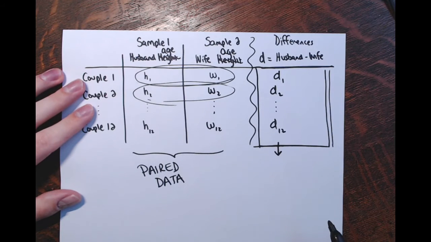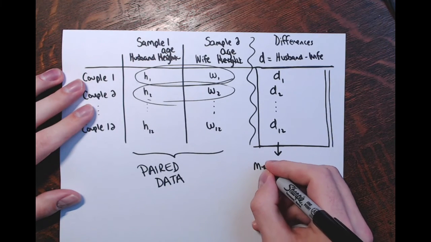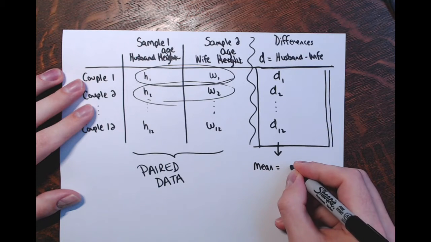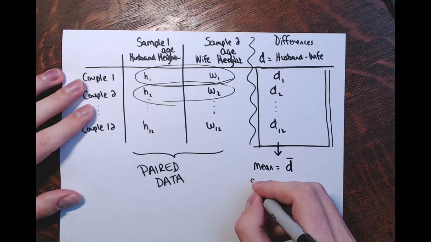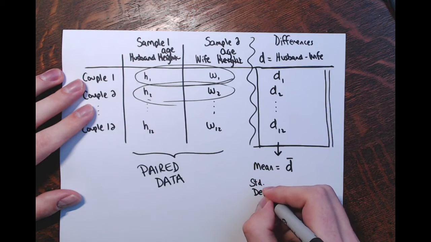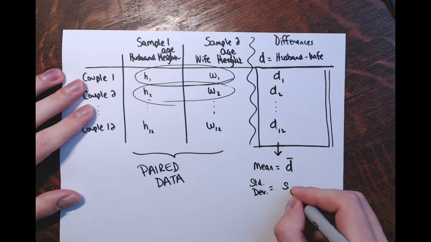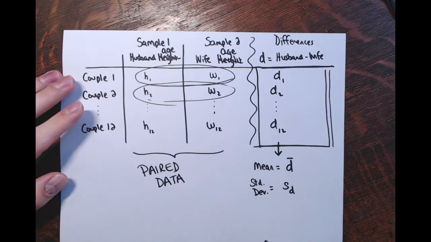This sample of differences has a sample mean, called d bar, the average difference. It has a sample standard deviation, called S sub d, the standard deviation of these differences.